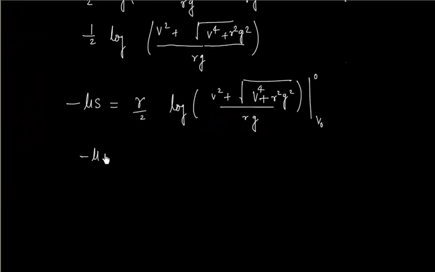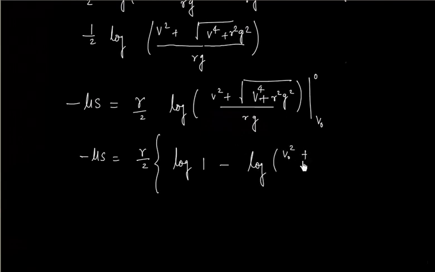So we have minus mu s is equal to r by 2. When we have 0, this will be log, this is 0, this is 0, so this is simply 1, r square g square is rg, 1, and then when we have v naught, minus of log of v naught square plus v naught to the power 4 plus r square g square, divided by rg.